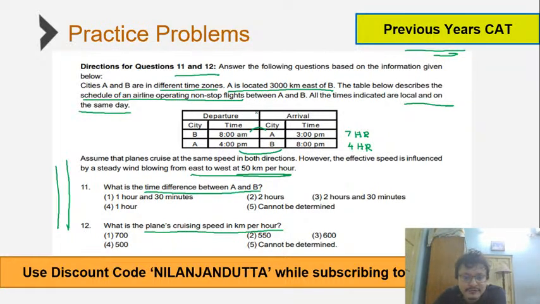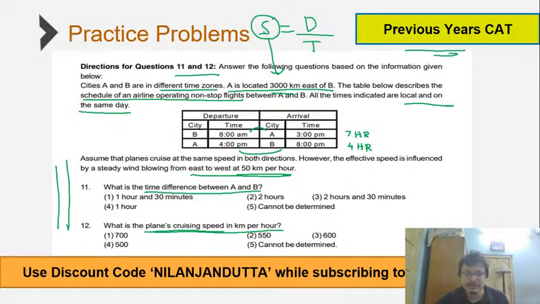So how do we go about solving this? The first thing that you should look to do is try and identify the plane's cruising speed. And remember, speed is equal to distance by time. And here, as you can see, distance is 3000, which means the value of speed should contain the factors of 3000.